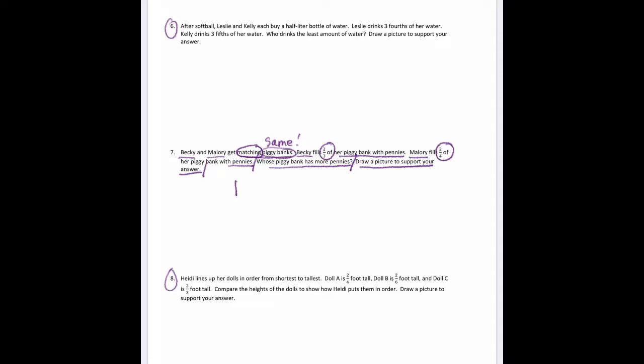Okay, so let's see. Becky, B, and Mallory, M. Make sure that you have the same piggy bank. So let's pretend that it's the piggy bank. We only represent it with our bar or your fraction strip. So for Becky, it says 2/3.